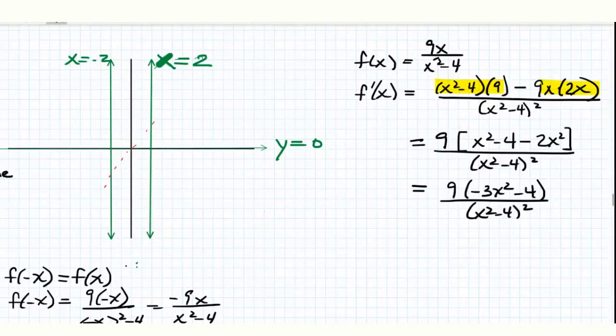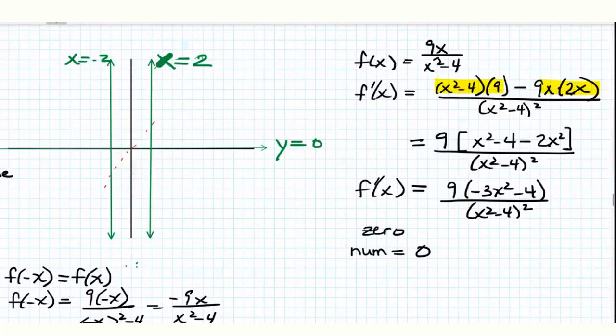All right, so we need to know two things. One, where is this derivative equal to 0, and where is it undefined? In order for the derivative to be equal to 0, its numerator would have to be equal to 0. Well, 9 can't equal 0, but the factor negative 3x squared minus 4 could. So I'm going to add 4. Oops, I made a mistake here.